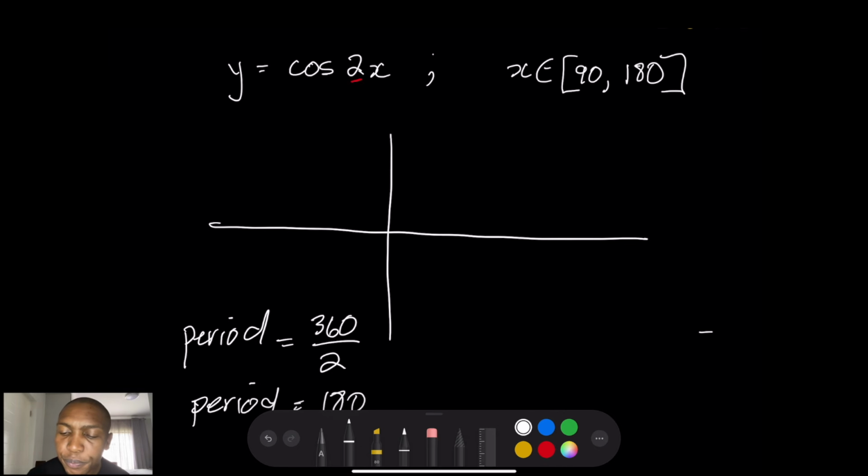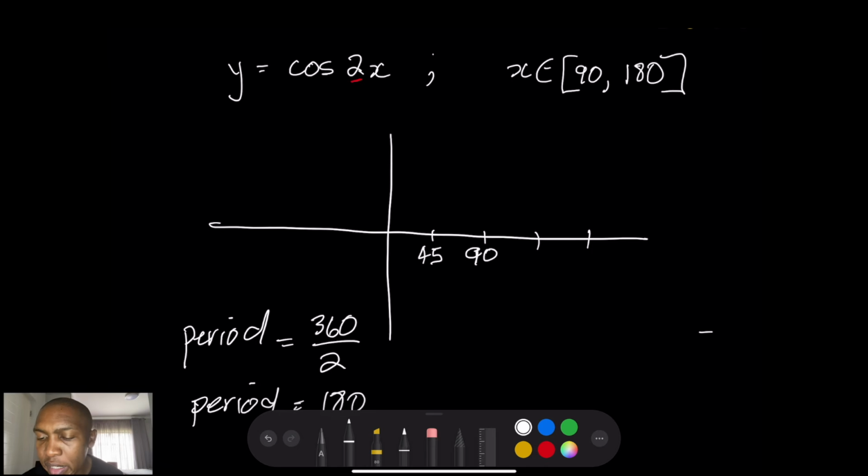Normally, I would say, okay, I take 90, 180, and so on. But in this case, because I want to squeeze a full graph within a 180 period, I'm going to take half of every one of my angles. So instead of 90, I'll take 90 divided by 2, which is 45. Instead of 180, I'll say 180 divided by 2, which is 90.